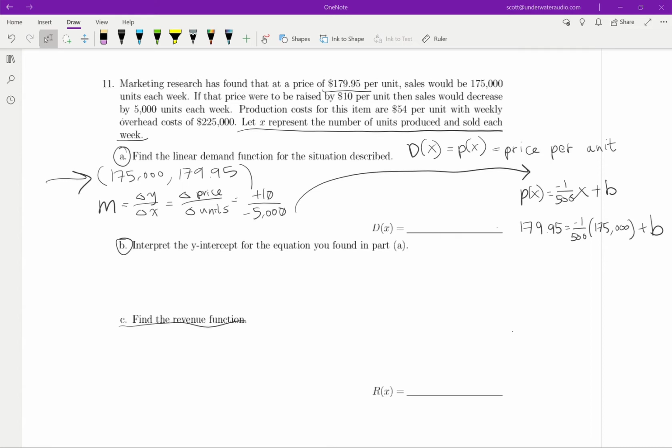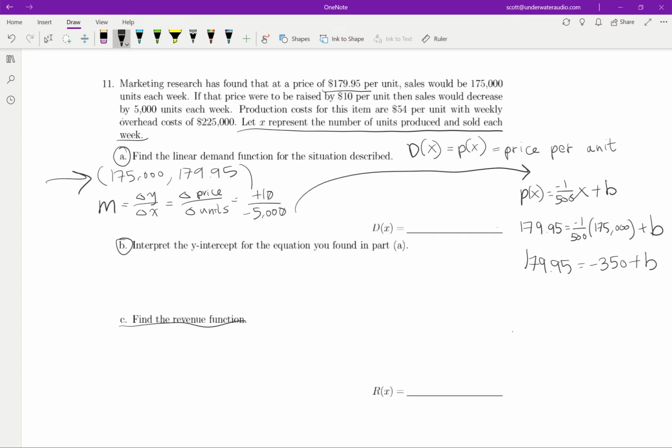Okay, so simplifying a little bit, -1 divided by 500, and then times 175,000. Okay, so simplifying, I got 179.95 equals -350 plus b.